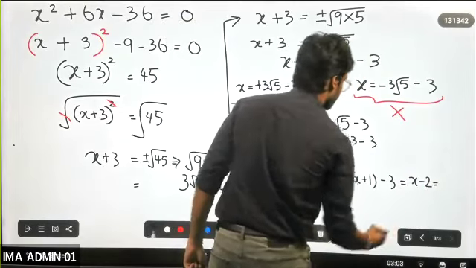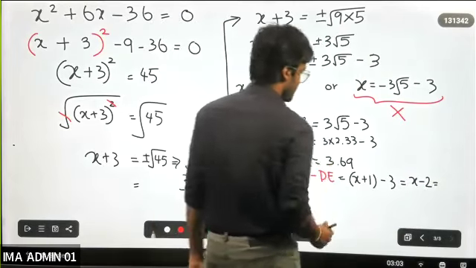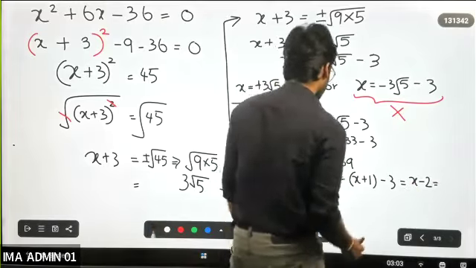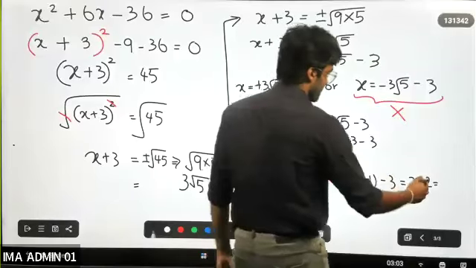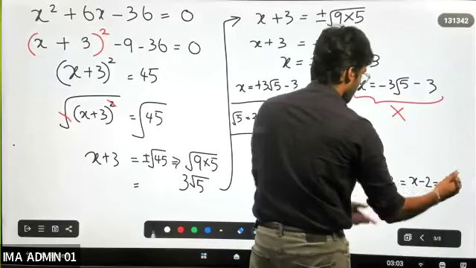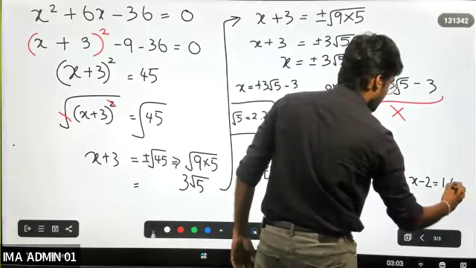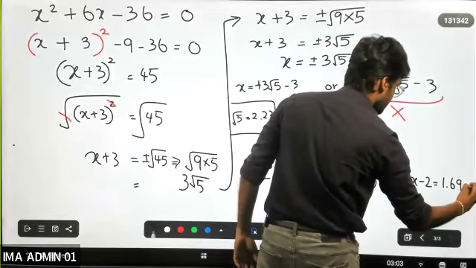As there is a reserved space, I will write the answer within here. So we know x is 3.69. Out of the 3.69, we reduce 2. Then how much is it? 1.69 centimeters.